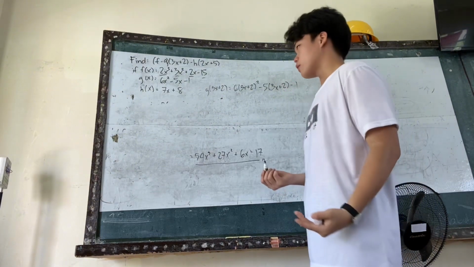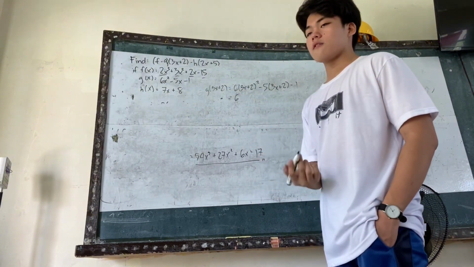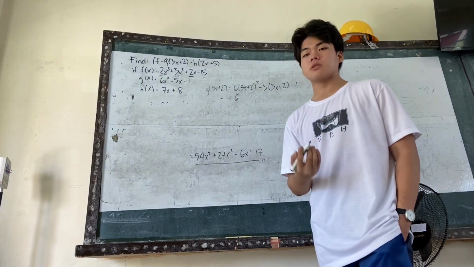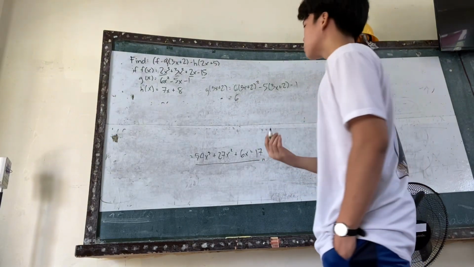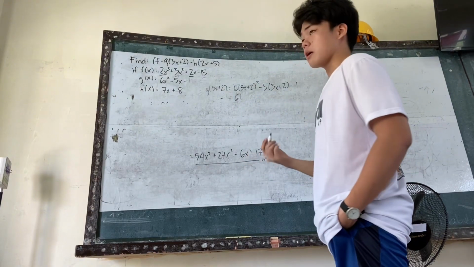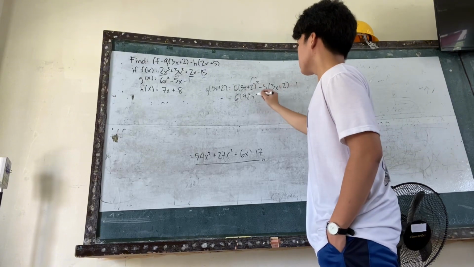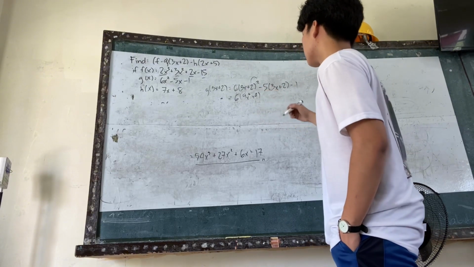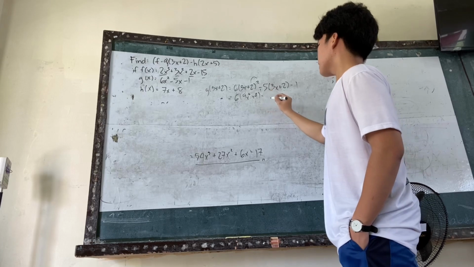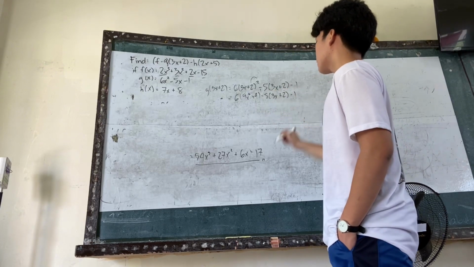Now we are going to solve for the exponents first, because of the rules of PEMDAS: parentheses, exponents, multiplication, division, addition, and subtraction. 3x times itself is equal to 9x², plus 2 times 2 is equal to 4, plus 2² is equal to 4. Copy the sign, minus, bring down those that don't have an exponent to solve for later.